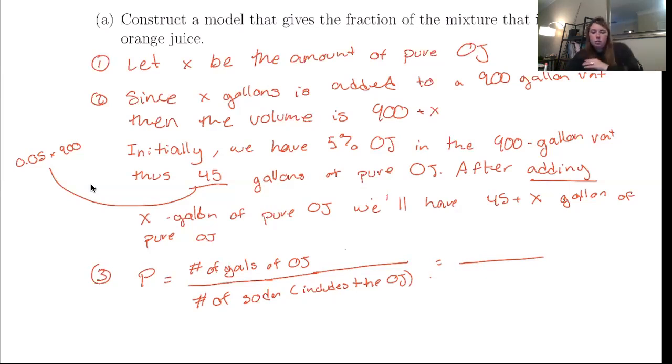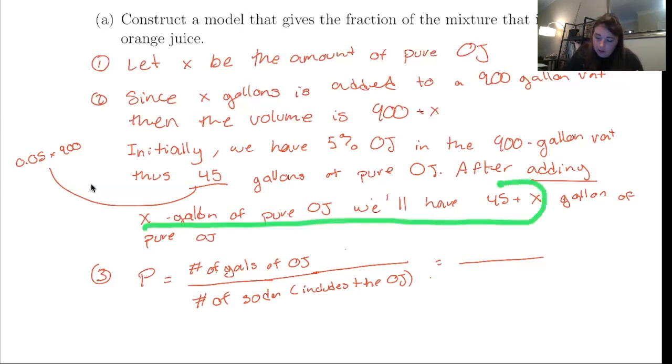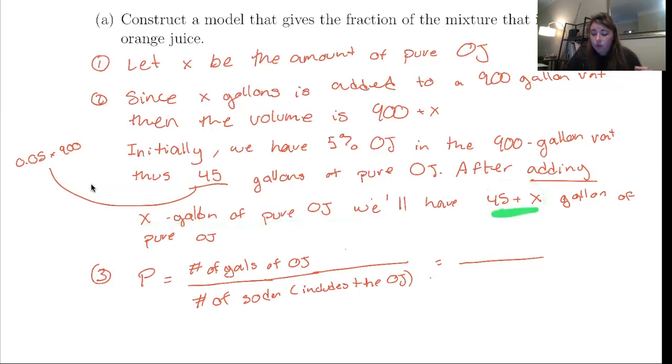This is the concentration, so after I've poured an X amount of it, how much is all there? Remember, I started out with 45, and then after I add X gallons, we'll have 45 plus X. Should I put 45 right here?